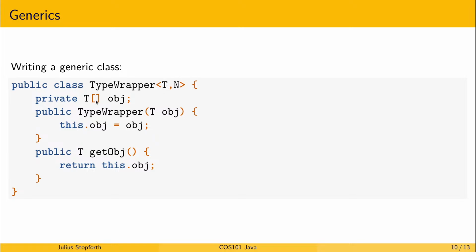So if we have a private array like this, sorry, this is wrong. This should be either an array, or we can say new type with N elements. So it's a way for us to specify numbers as well.